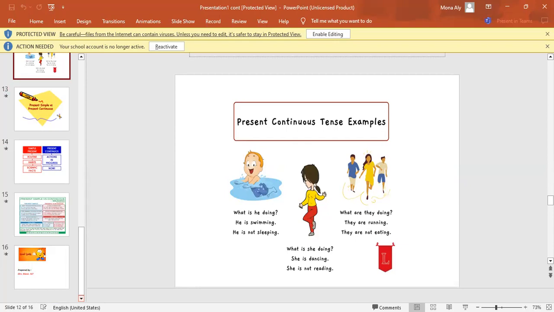So the present continuous is an action that is happening now or at the moment. Listen, suddenly, look. All these are keywords for the present continuous. Okay? I will share the screen now with a worksheet to answer it together.